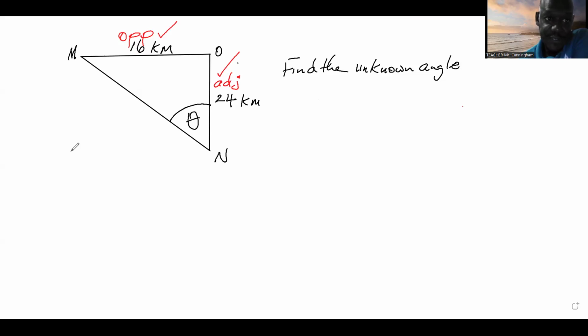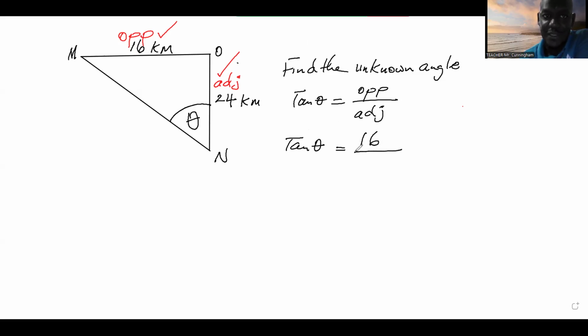Thank you, that's correct. So tan theta is equal to opposite on adjacent. The opposite side is 16 kilometers and the adjacent side is 24. So if we divide throughout by tan, theta will be equal to tan inverse 16 over 24.